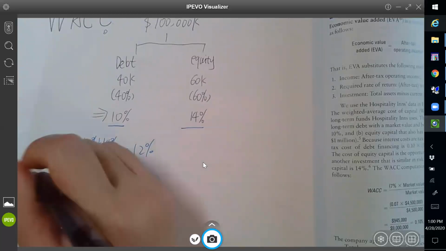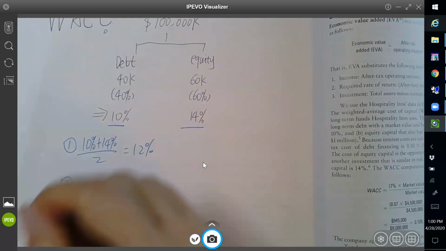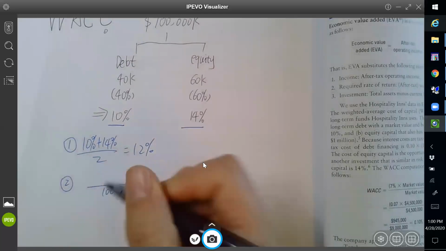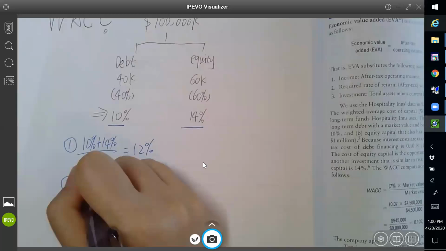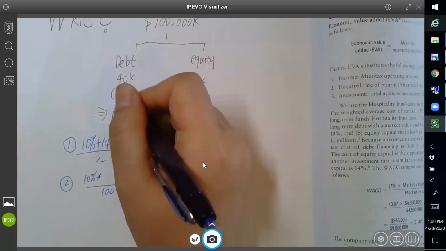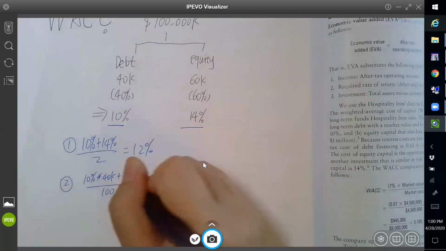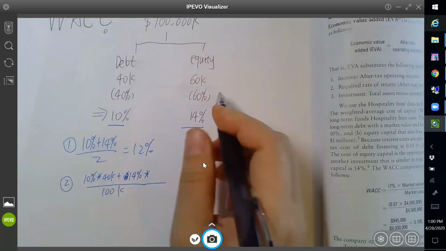Now you say, okay, I got your idea, we should do a weighted average. I know that one is easy. So I totally borrowed 100,000, and for the debt I need to pay 10% times my 40,000, and for the equity it's 14% times 60,000, right?